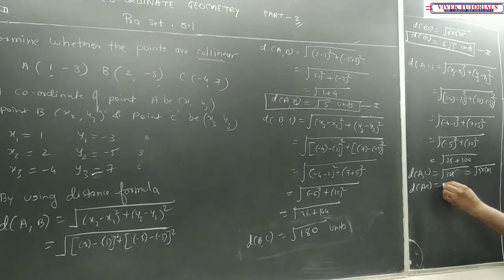So the answer is 5 root 5. This is distance AC. That is equation number 3.